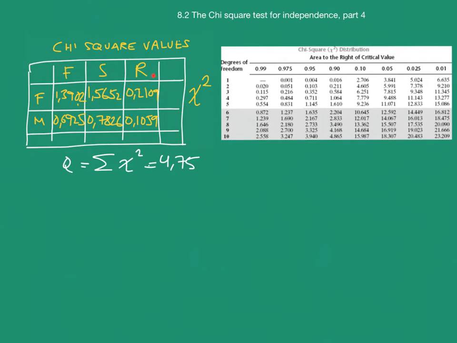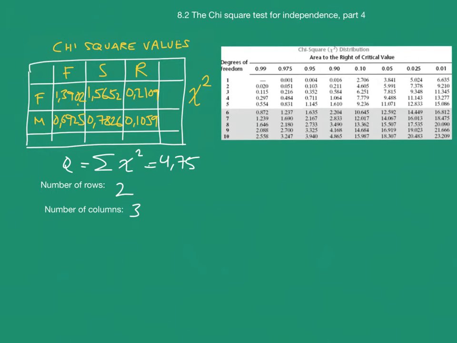This one has the same size as the original table anyway. So first, we look for the number of rows, and the number of rows is 2. And then we look for the number of columns, and the number of columns is 3.